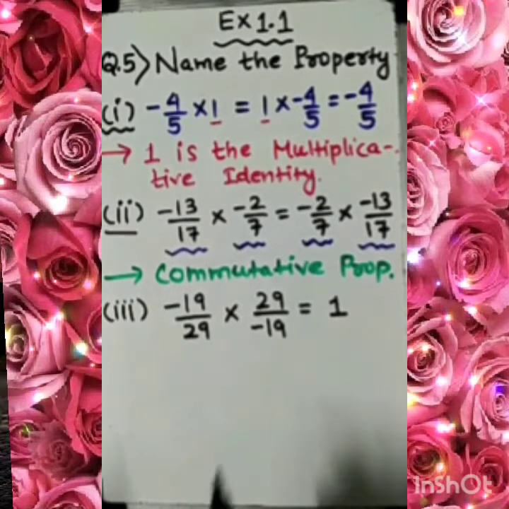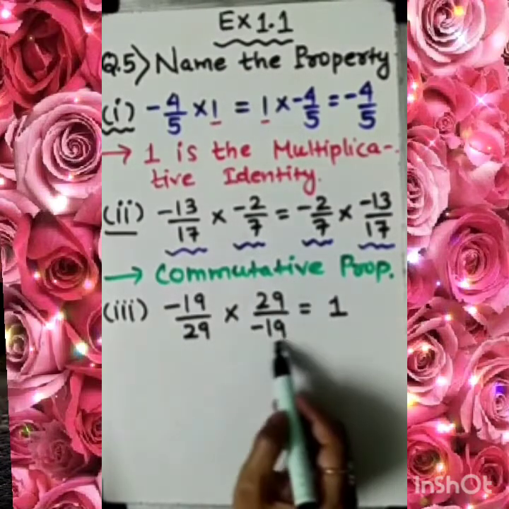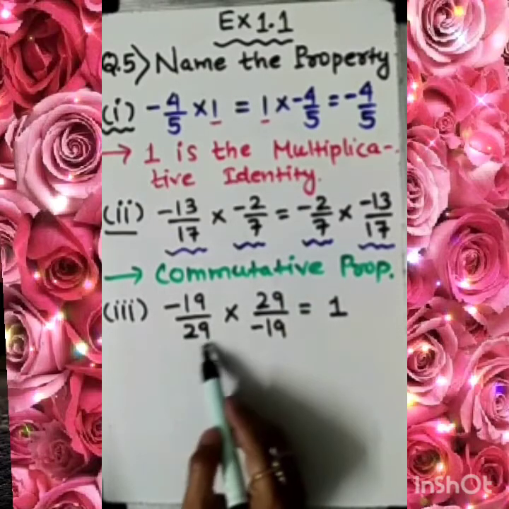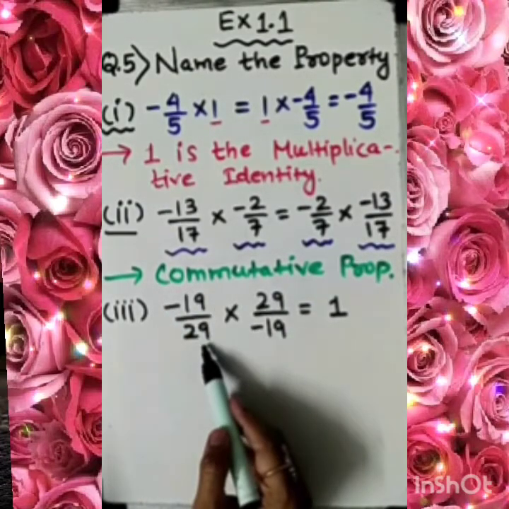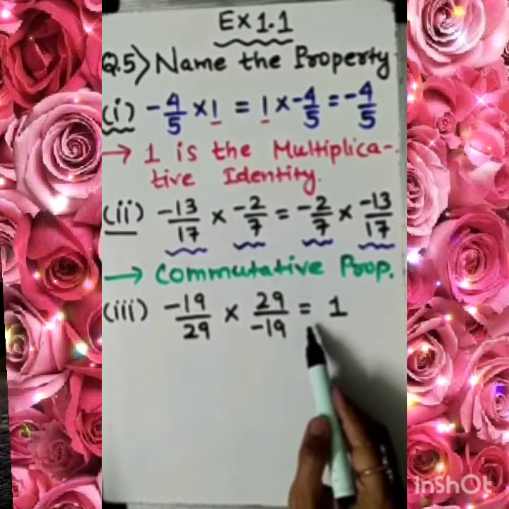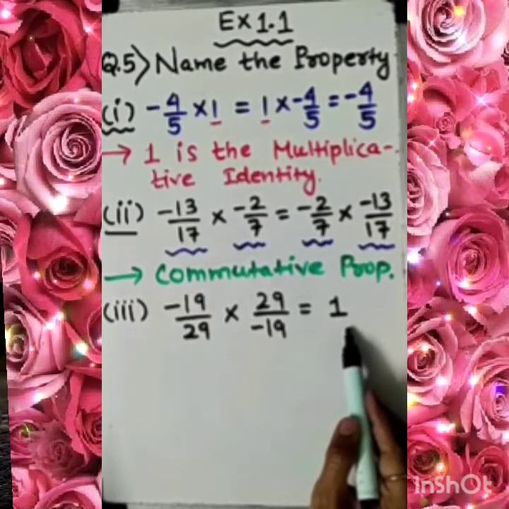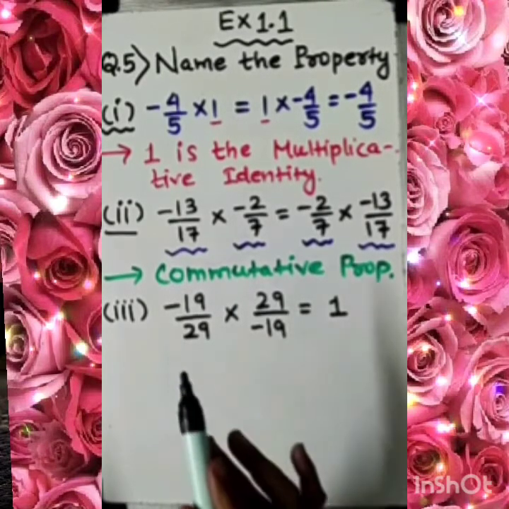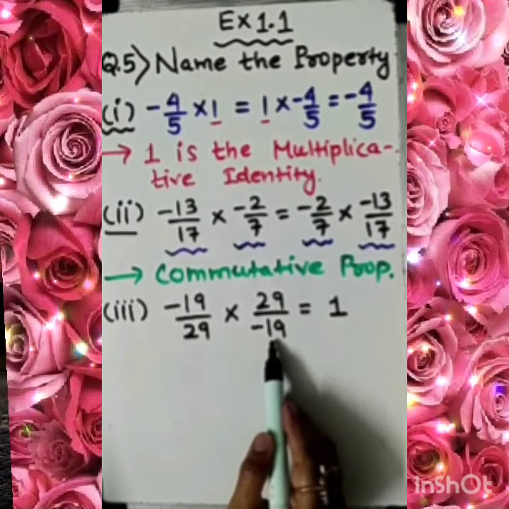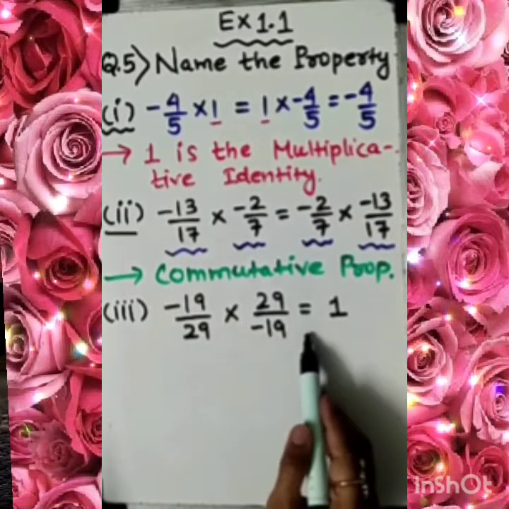You can see here, dear student, this number is a multiplicative inverse. When we multiply any rational number with its multiplicative inverse, always remember the answer will be 1. Once again I am explaining: when we multiply any rational number with its multiplicative inverse, then the answer will be 1.